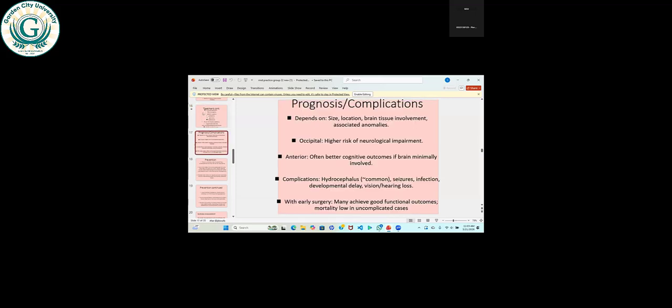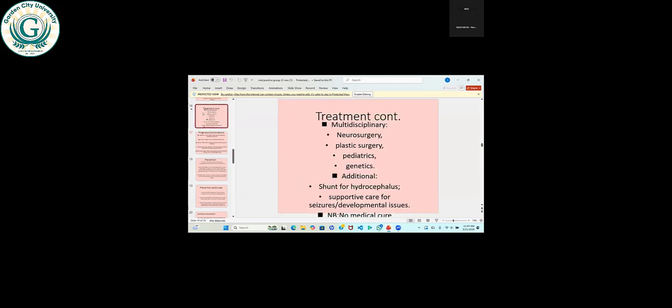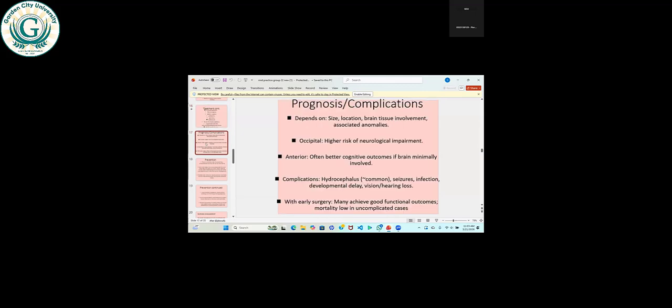Then supportive care for seizures or developmental issues. There is no medical cure for encephalocele. The prognosis depends on the size, the location, the brain tissue involvement, and associated anomalies.